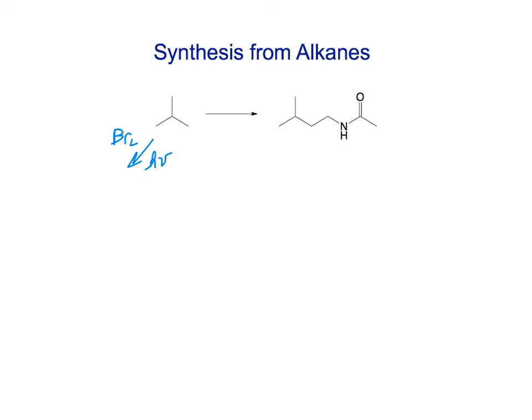Okay? All right, and so where does the bromine go? What position? The more substituted, right? And we use the bromination here rather than a chlorination because bromination, remember, is so much more selective for the most highly substituted position.